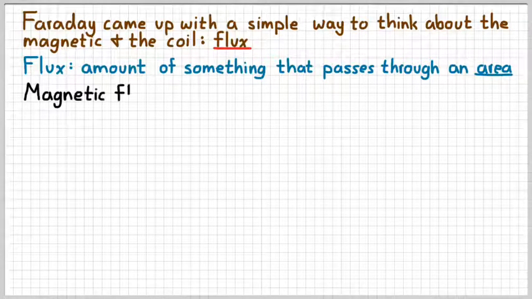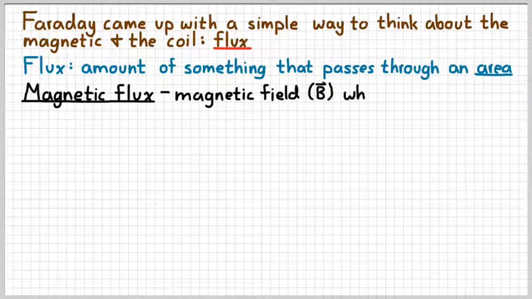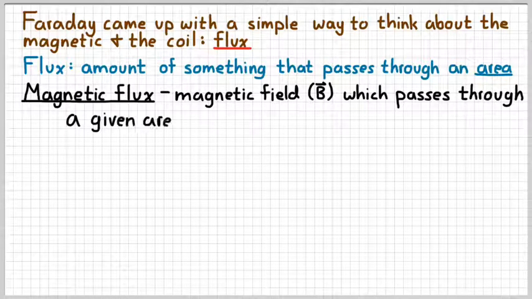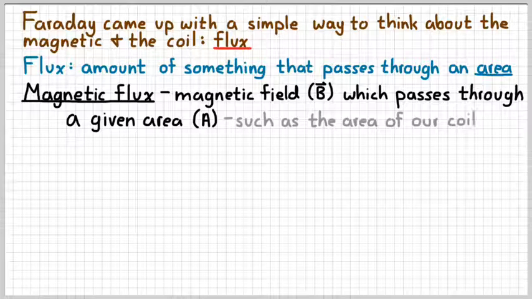And so magnetic flux would be the magnetic field, that would be the something, that passes through some given area. So the amount of field B that passes through a given area A, and here that would be the area of our coil, would give us the magnetic flux.